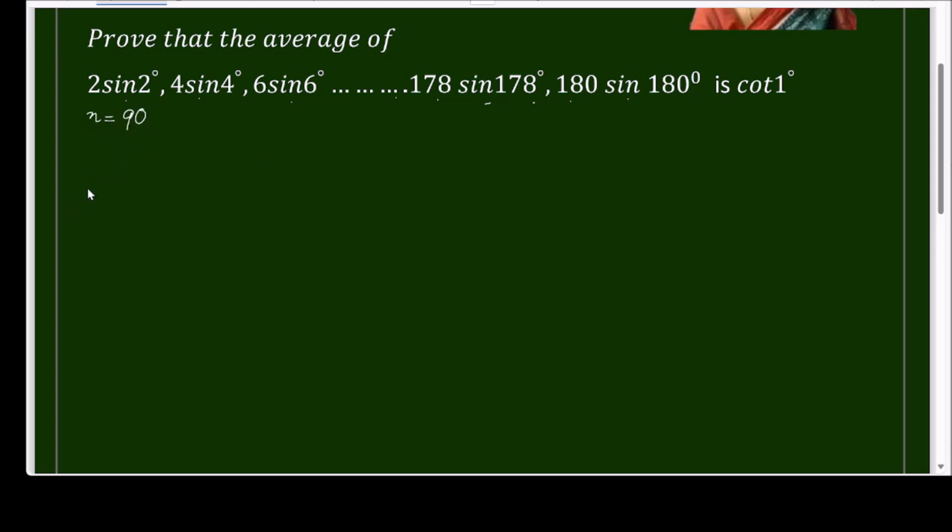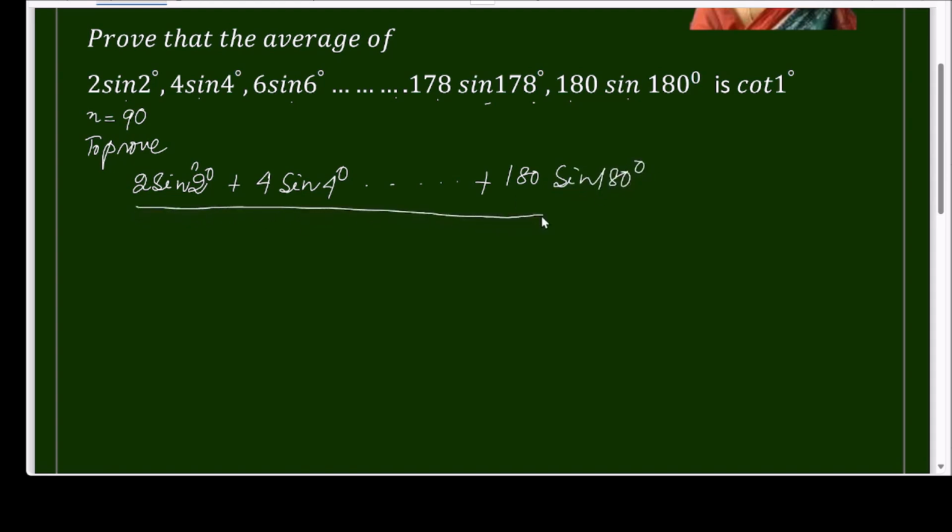That means, to prove: 2 times sine 2 degree plus 4 times sine 4 degree up to 180 times sine 180 degree, average, divided by 90, is equal to cot 1 degree.